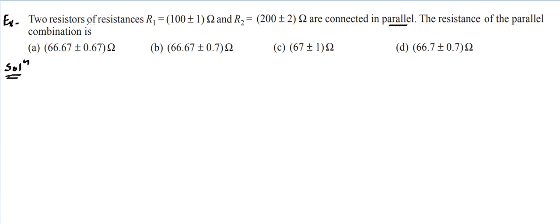We know in case of parallel combination, the equivalent resistance or net resistance, let's say net resistance is R. So we write 1 upon R is equal to 1 upon R1 plus 1 upon R2. Now we know the value of R1 is 100, and R2 is 200. We can substitute over here.